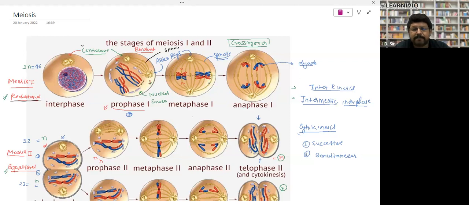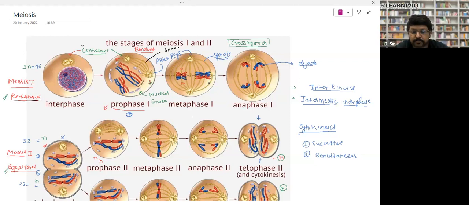For example, if my skin gets damaged, the new cells will divide and fill the gap to replace the damaged or dead cells. That process is mitosis. Second, if a new cell has to be formed, the process will be mitosis.